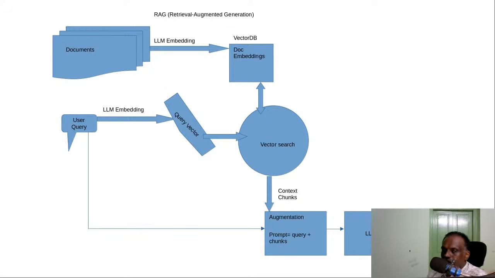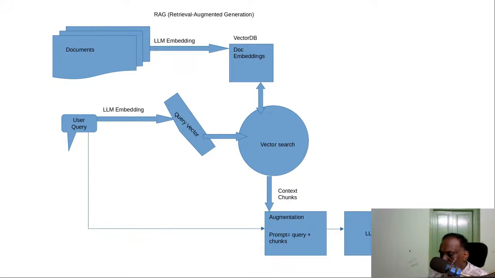So there are two things. Fundamentally we have to send the information because of the context window limit, but that's not the complete reason. Even if your content fits into the context window limit, it's not a good idea to send all the information.